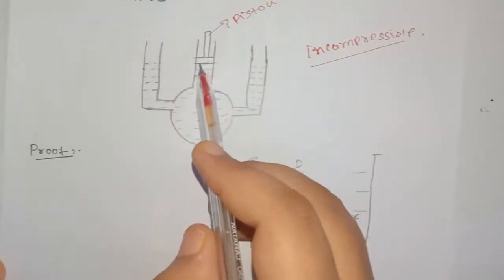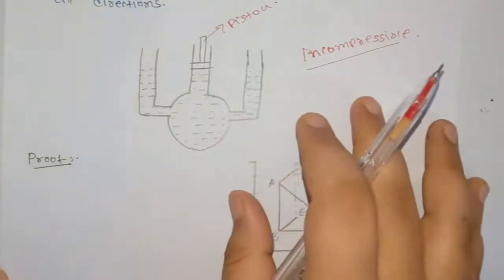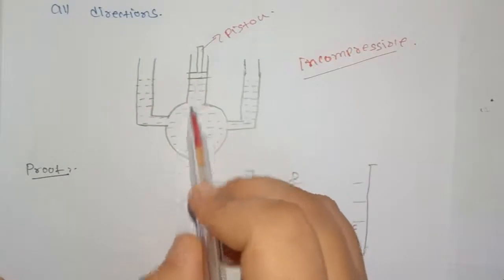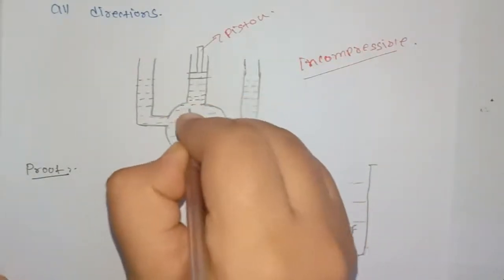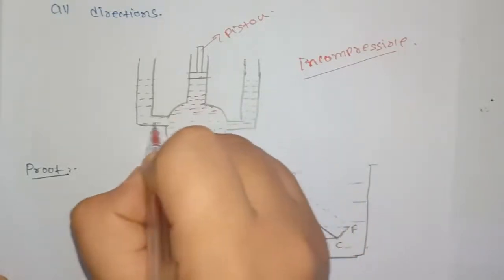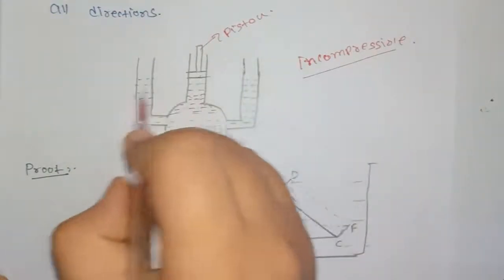Now when we have applied some pressure with the help of this piston, the liquid level in this outlet will decrease. Let's say it reaches up to this level. Now this decrease will result in the increase of the water level in the two arms.